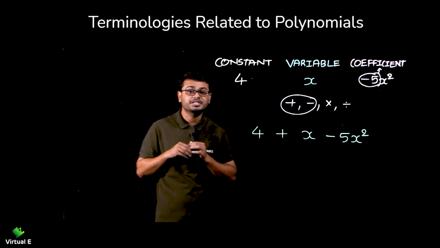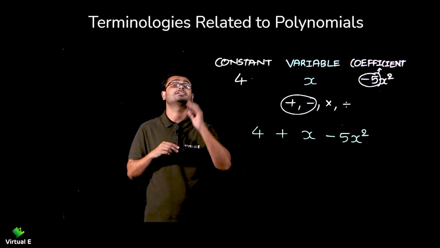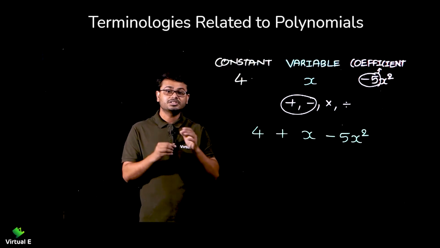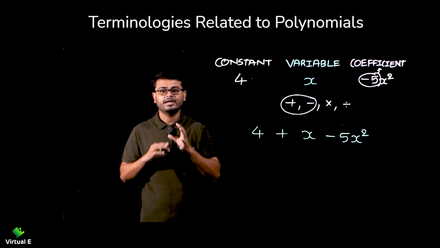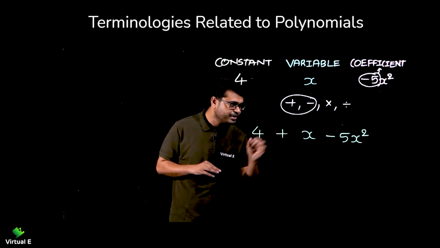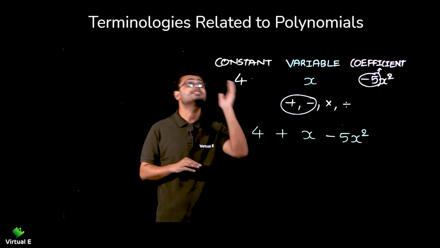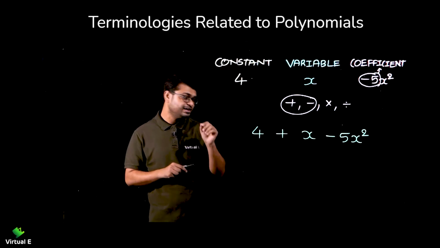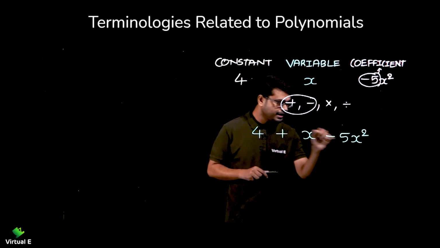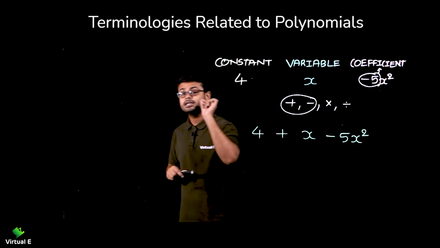Now why are we discussing algebraic expressions in the chapter of polynomials? Because they are both connected. When we talk about algebraic expressions, an algebraic expression will be said to be a polynomial only when it has non-negative integer power.